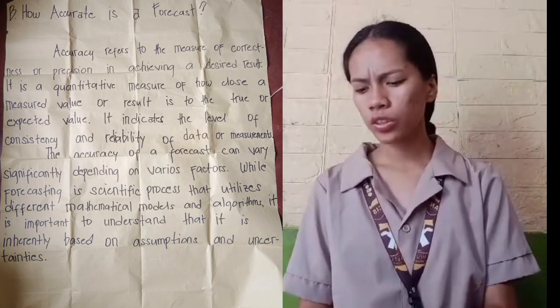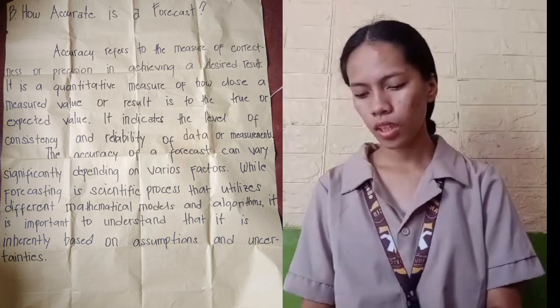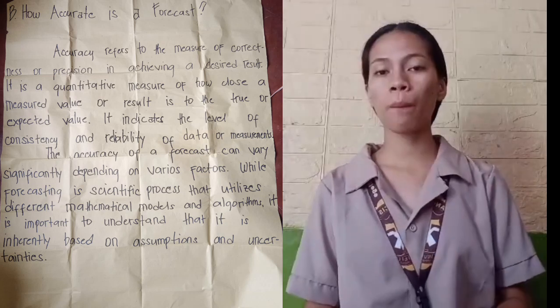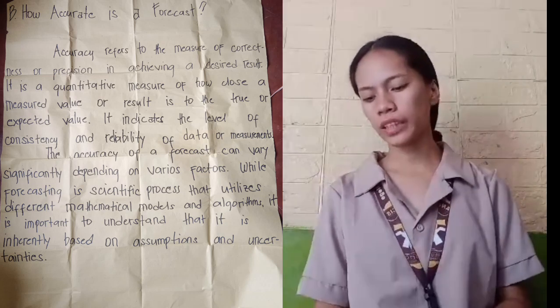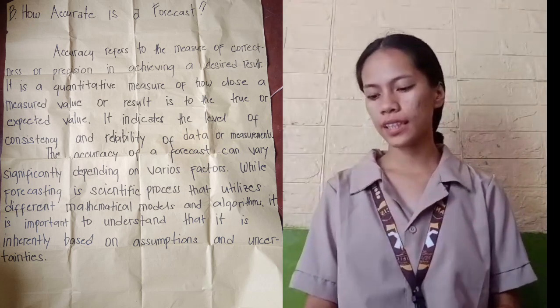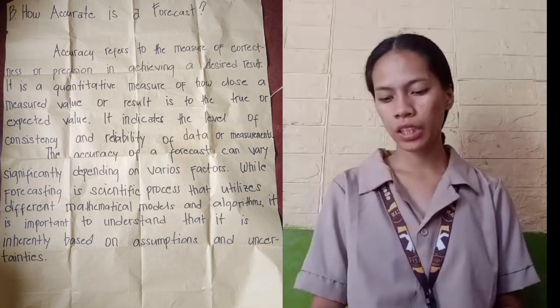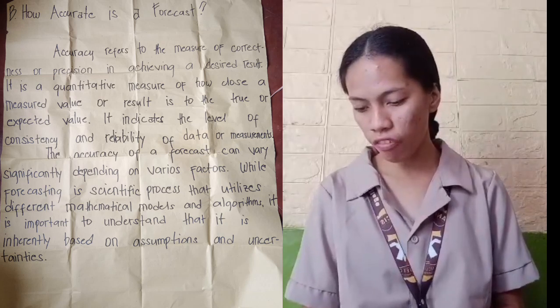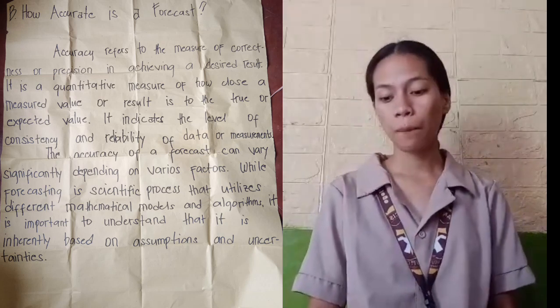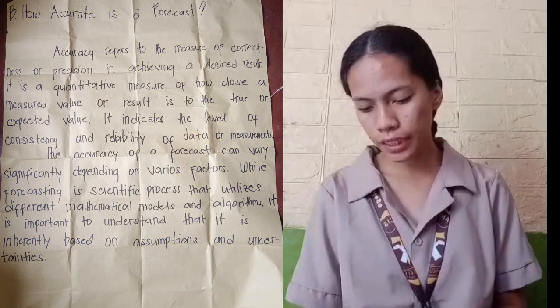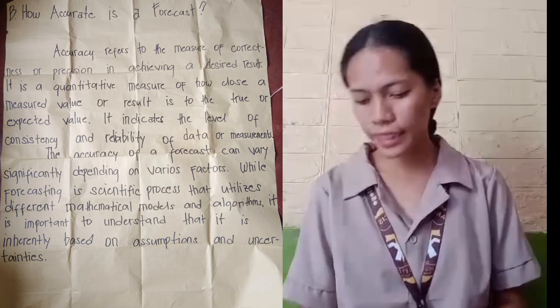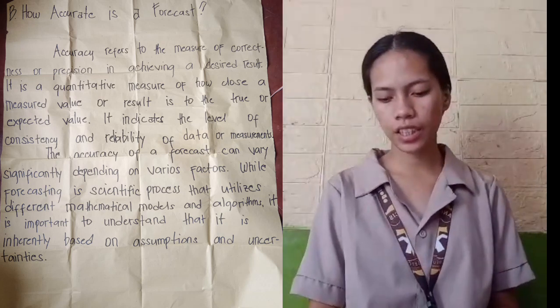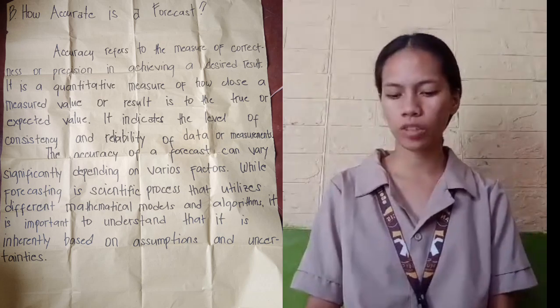Accuracy can be evaluated by comparing the actual value or result to the intended or reference value through statistical methods or validation techniques. It is crucial in various fields such as science, engineering, and medicine, where precise and reliable data is necessary for making informed decisions.